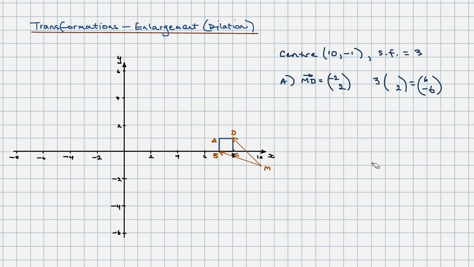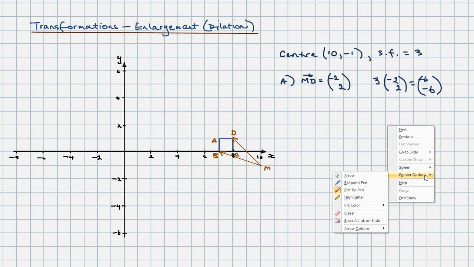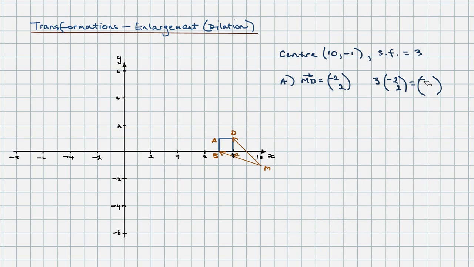Okay, that looks a bit better. We've now got minus 6 and 3 times 2 in the y direction, 6, so up 6. Write that down nicely, (-6, 6). Okay, so now from M we go along 3 times minus 2 is minus 6, and up 3 times 2 is 6. So here we should have D prime.